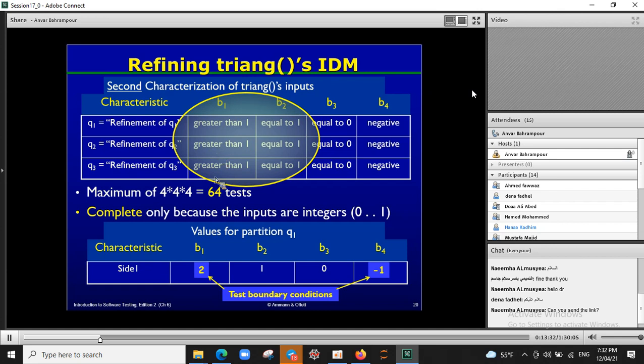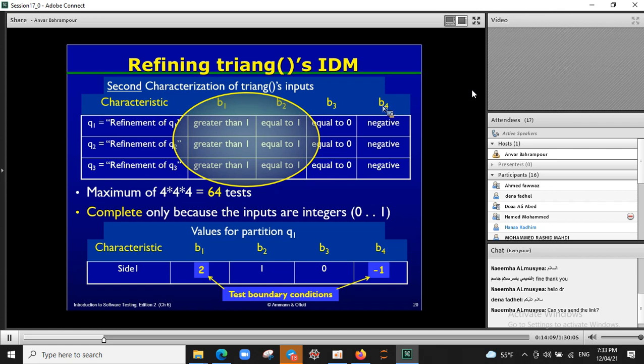We simply use the value 2 for block B1, and it's easy for blocks B2 and B3, because block B2 has just one value, that's 1, and block B3 also has just one value, it's 0. So there are no choices for B2 and B3, and we simply choose 1 from B2 and 0 from B3.